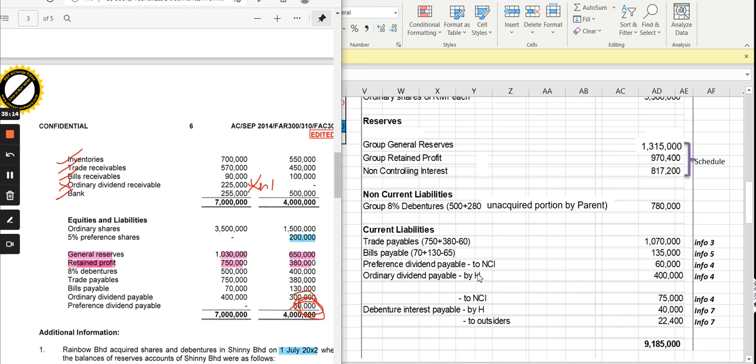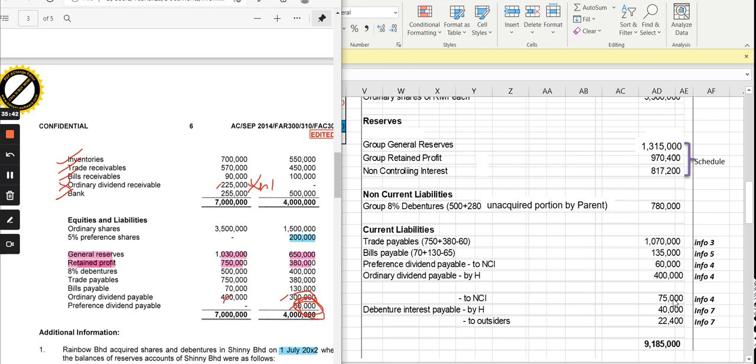Ordinary dividend payable by holding is given here 400. So you will include here 400. Ordinary dividend payable to the non-controlling interest, this 75 is as a result of taking 300,000 here, this 300,000 minus 225,000, the intercompany dividend.